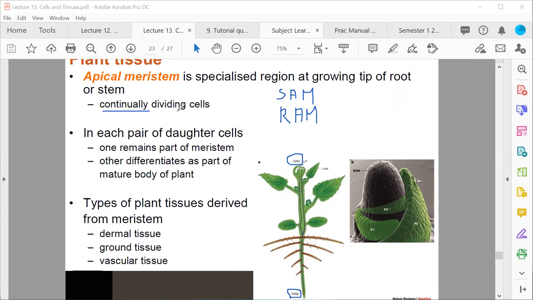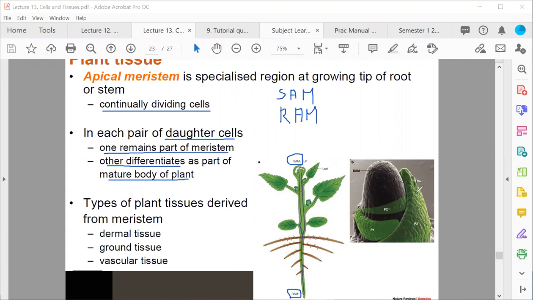They're continually dividing. So one cell will divide into two cells, and these two new cells that form are called daughter cells. In each pair of those daughter cells, one will remain undifferentiated, so it will remain as a meristem cell. The second of those daughter cells will differentiate into part of the mature body of the plant.